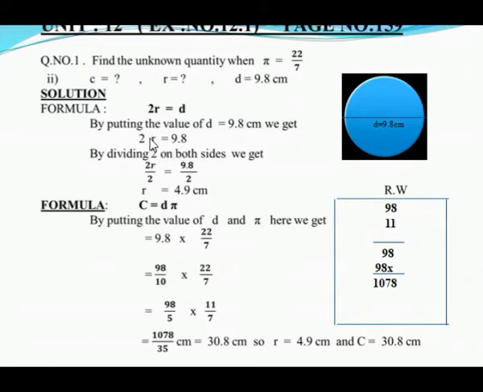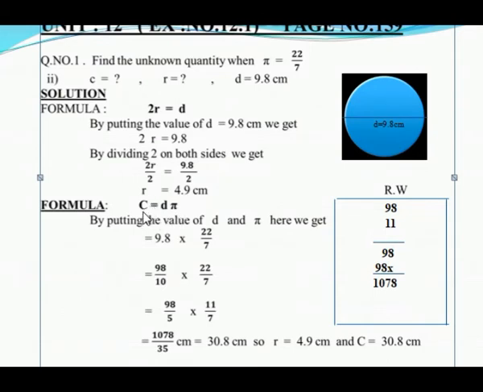Okay, I want to isolate this value R because I need R, the value of R which is unknown here. So, I am dividing 2 on both sides. So, I got 2R over 2 is equal to 9.8 over 2. And by dividing 9.8 by 2, I got 4.9 centimeter, which is the required value of R.